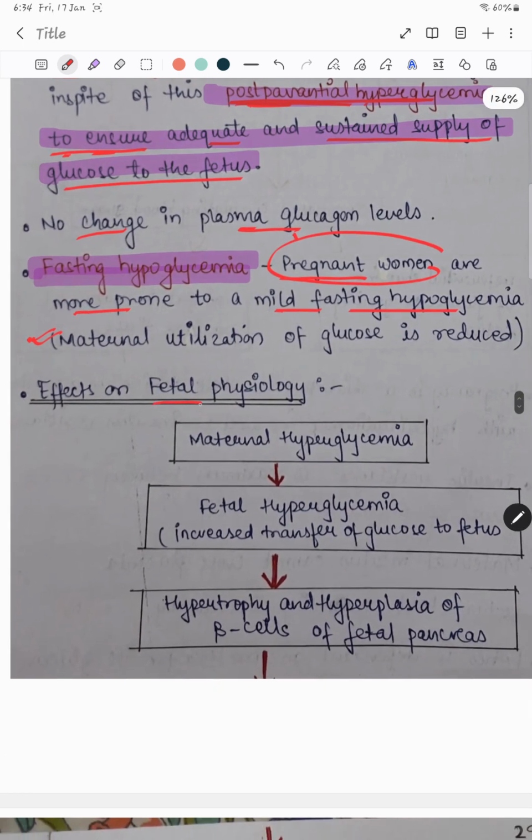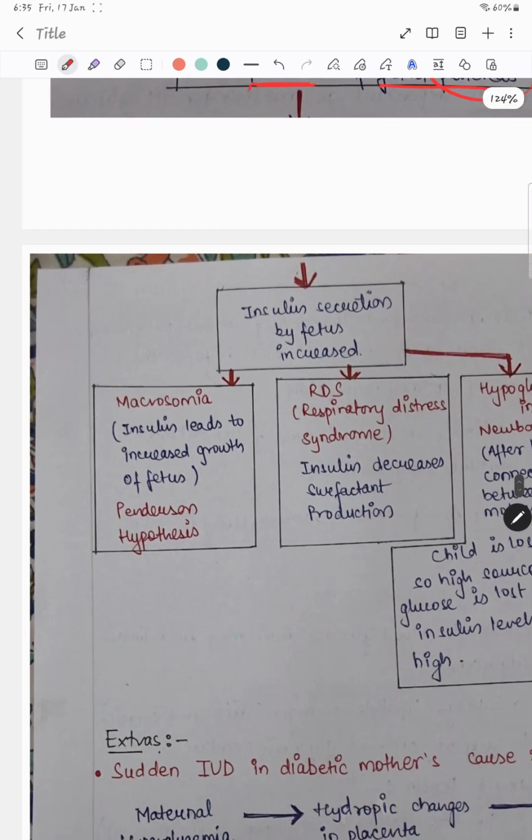Now, the effect on fetal physiology. Because of maternal hyperglycemia, there is fetal hyperglycemia due to the transfer of glucose. Because of this, the fetus's body will react, and there will be hypertrophy and hyperplasia of the beta cells of the pancreas, leading to an increased level of insulin.